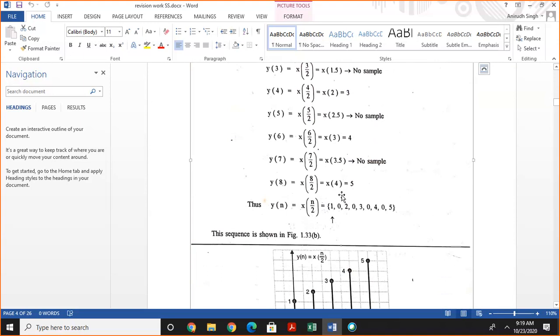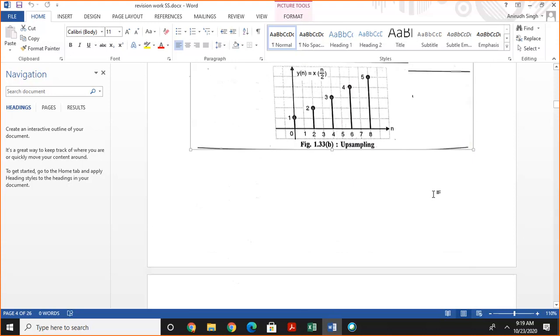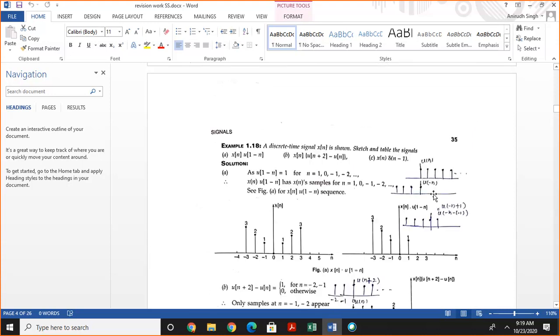Similarly, you put n is equal to 0, 1, 2, 3, and you get all the values of x of 1, 2, 3, 4, 5, and write down all the values of y of n: 0, 1, 0, 2, 0, 3, 0, 4, 0, and 5, and draw this sequence.